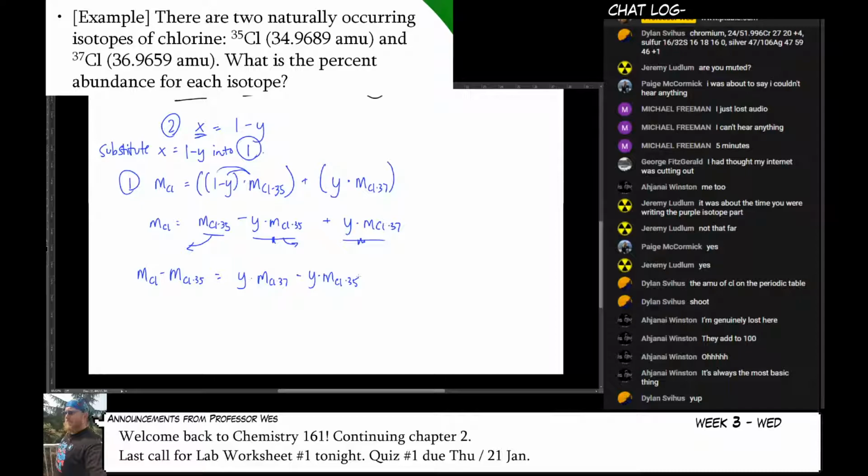We're just doing algebra. Now, since I have something times y in both of these, I could factor it out, right? And that's going to equal this.